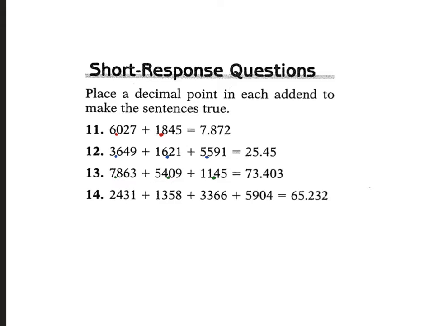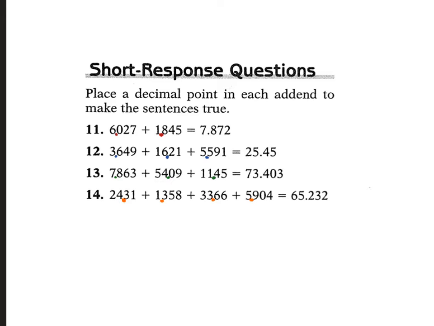For 14, we have 2431 plus 1358 plus 3366 plus 5904 is going to equal 65.232. So for this one, I don't think it's going to be the 5904, so I'm going to put the 5.904. Then we might have 33.66. So I'm going to put that there. And then with the 2431, we might have that, and then the 1.3.